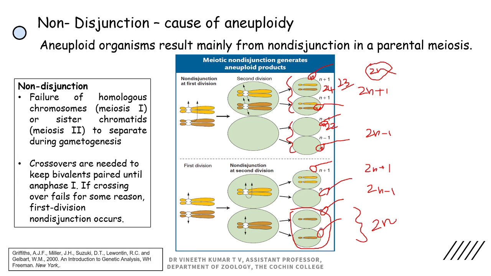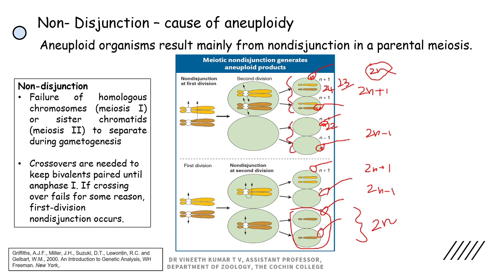The process of spindle fiber formation or crossing over might have errors, and that will lead to aneuploid gametes being formed, and that will result in aneuploid offsprings. This is the reason why such aneuploid syndromes, whether monosomy or trisomy, are usually related to the age of the mother and not the age of the father.